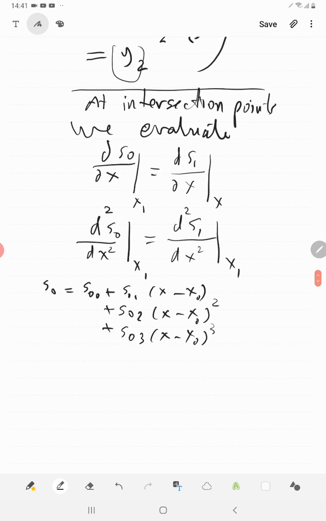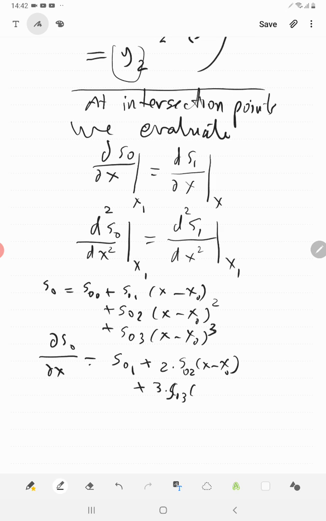If we take the first derivative, dS0/dx, the constant S00 gives 0, so we get S01 plus 2 S02 (x minus x0) plus 3 S03 (x minus x0) squared.